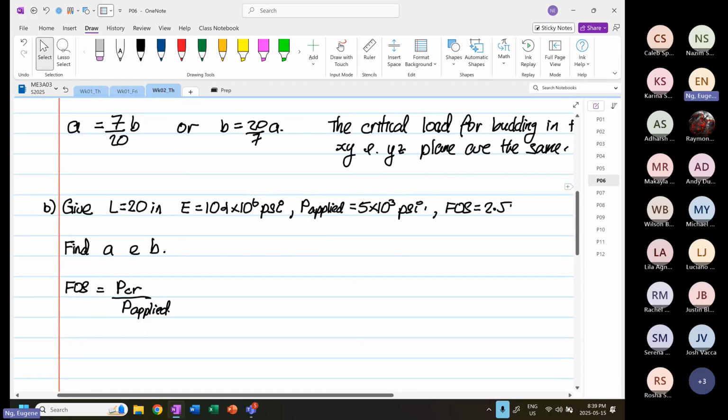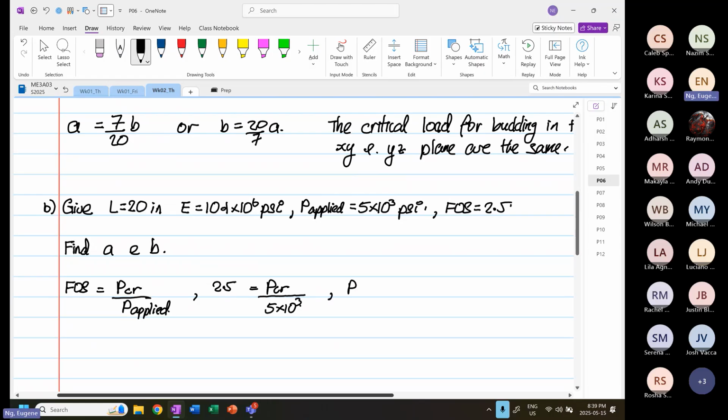So 2.5 is equal to P critical divided by 5 times 10 to the power 3.